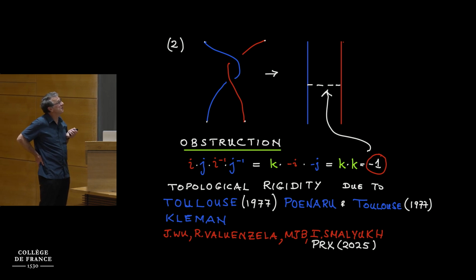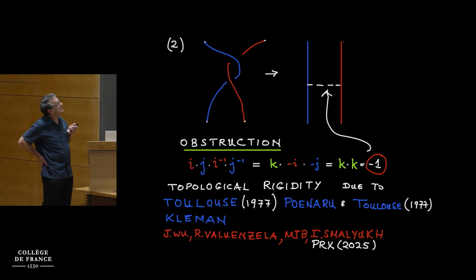Kleman did a lot of work on this, lots of people, Colston, Newcastle. If you compute the obstruction to pulling these two across, blue and red like that, you'll find that this part here has a non-trivial topological class. And it's the class i times j times i to the minus 1 times j to the minus 1. i times j is k.